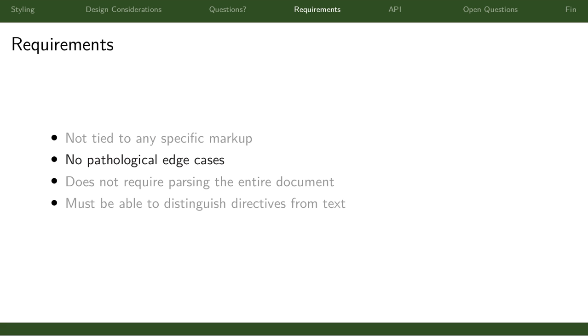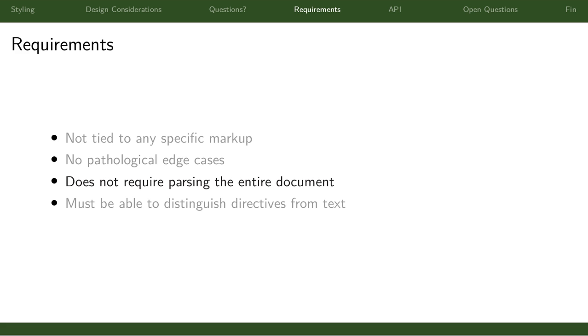We want something that allows us to not have any sort of pathological edge cases. We'll come back to that in a bit. The design of message styling implies that you could have infinitely long tokens that you would have to buffer into memory. So we wanted a design that let us work around that while still using the WhatsApp-esque styles that a lot of people already know.